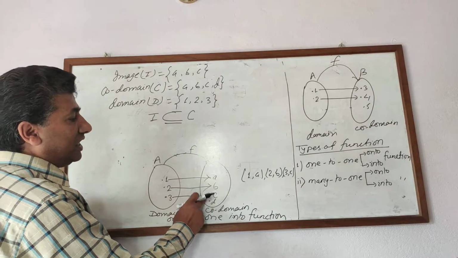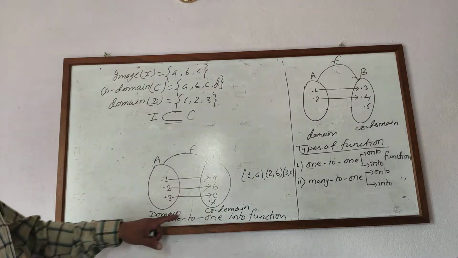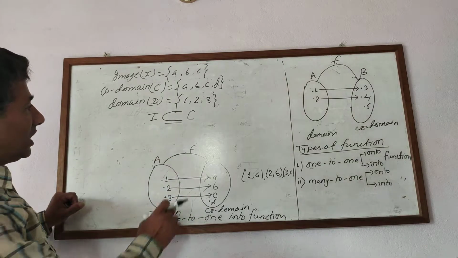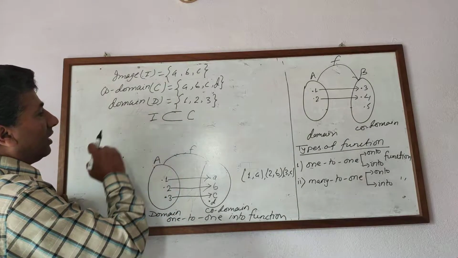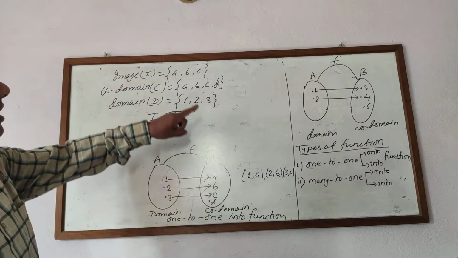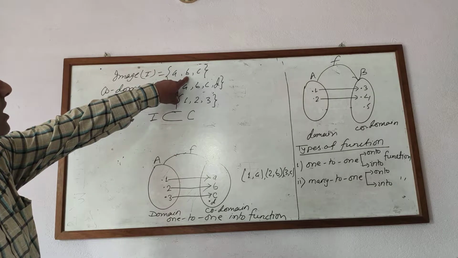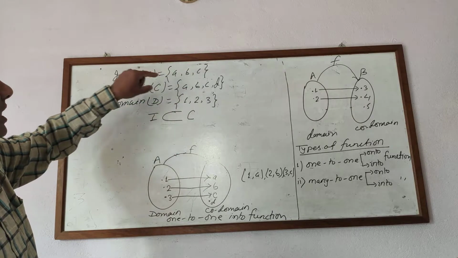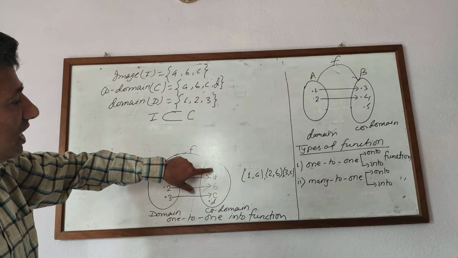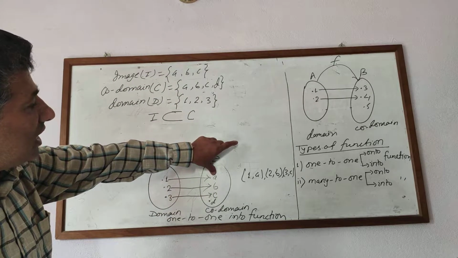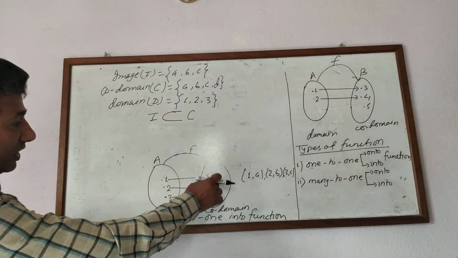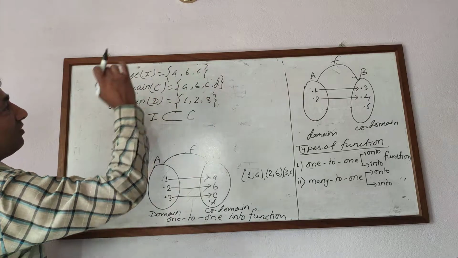But this D doesn't have a pre-image. That's why we cannot write D as an element of the image set. In the image set, D doesn't come. Only A, B, C are elements of the image set. Now, D comes in the set of codomain.